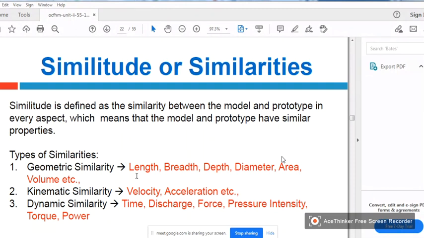Then we call it kinematic similarity. Similarly, dynamic similarity means time, discharge, force, pressure, intensity, all those things come under dynamic similarity. So these are the three types of similarities, right? Geometric similarity, kinematic similarity, and dynamic similarity.